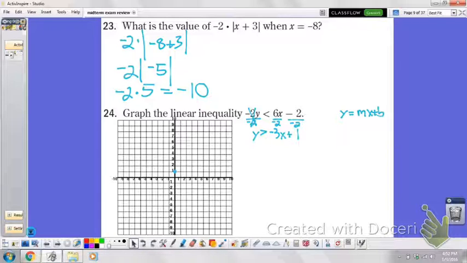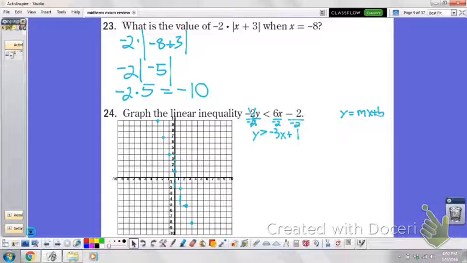And since my slope is -3, I can go down 3 and to the right 1 to make sure I have a downhill line. Do that again, down 3 to the right 1, down 3 to the right 1. Or I could have gone up 3 and to the left 1.